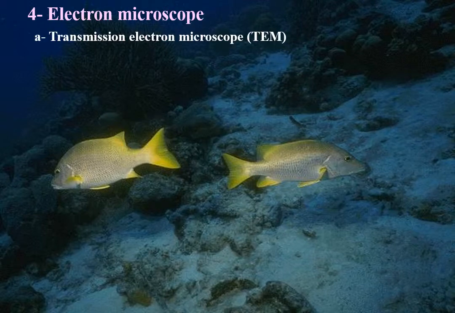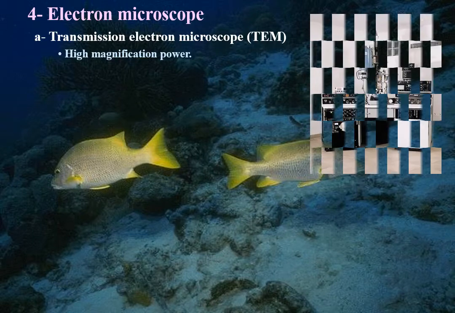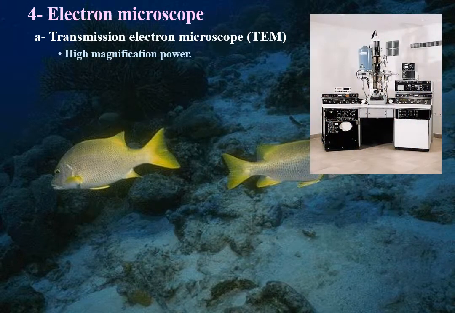Transmission electron microscope has a high magnification power. When very thin sections are examined, electrons used in this microscope as a source of illumination are differentially scattered by the different structures.